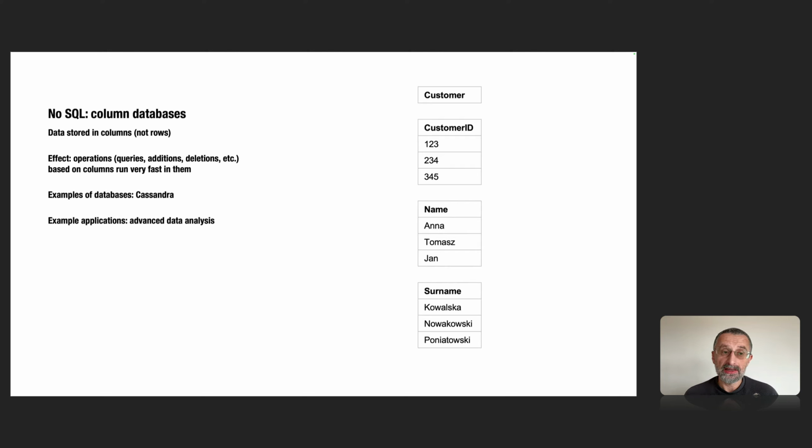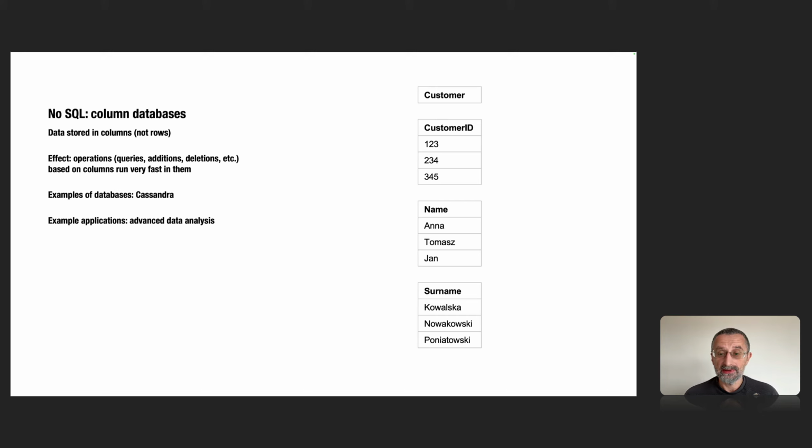But you may also have column databases where data are stored in columns, not rows. Yes, as you can see, it's a bit mind-breaking, but it makes some sense, specifically when you have thousands of features, because that speeds up operations based on columns. An example of such a database is Cassandra.